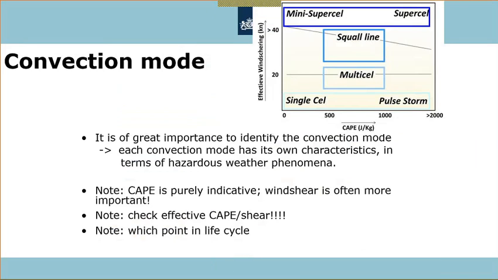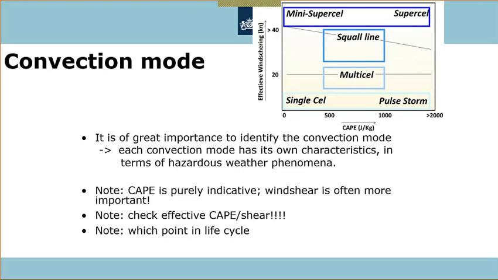A few points before I go over to a case study in which I ask you to answer a few questions. Well, you can read the text, of course. It's of great importance to identify the convective mode, and each convective mode has its own characteristics in terms of hazardous weather phenomena.